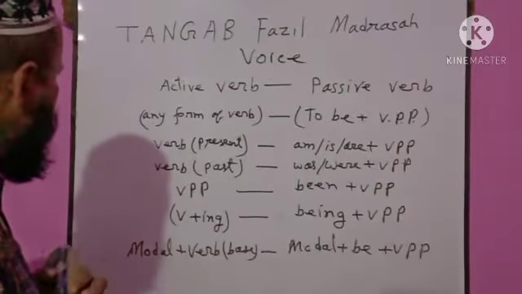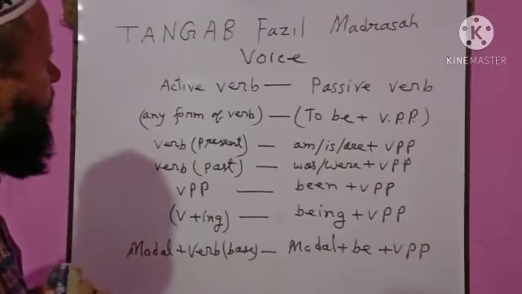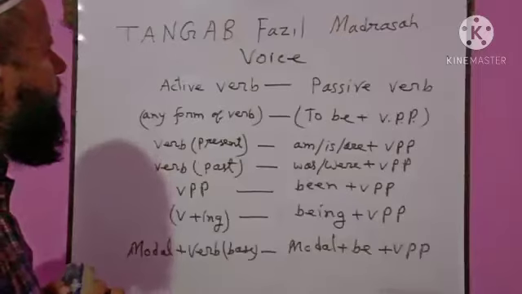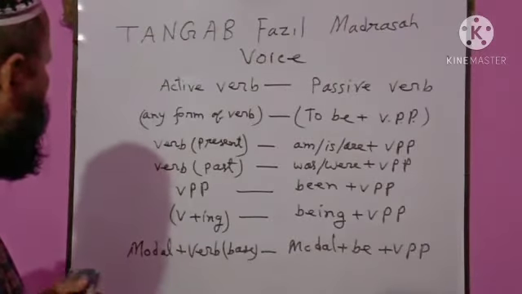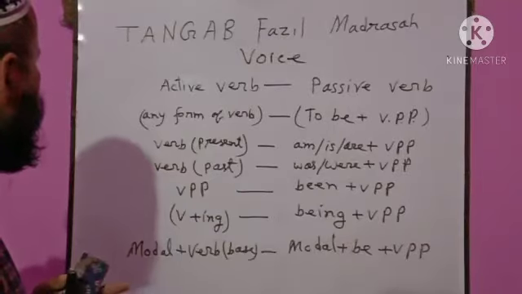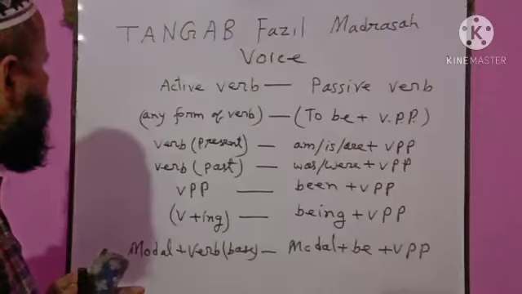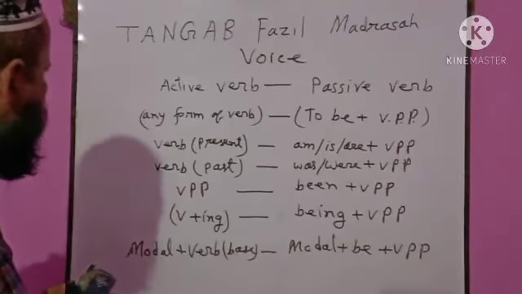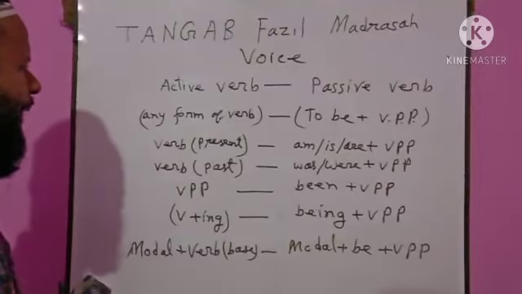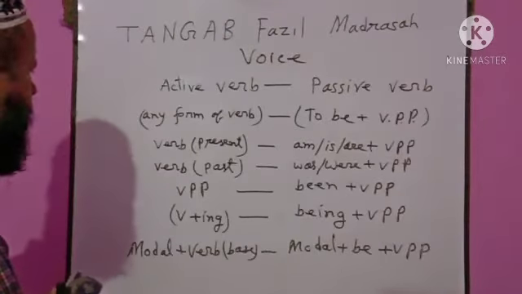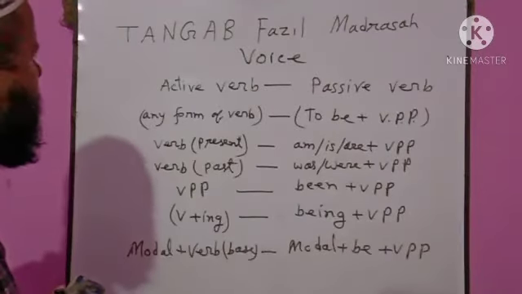Any form of verb is an active verb, and to be plus verb past participle is a passive verb. When we change active verb into passive verb, you should know the 5 structures of changing verb from active to passive.